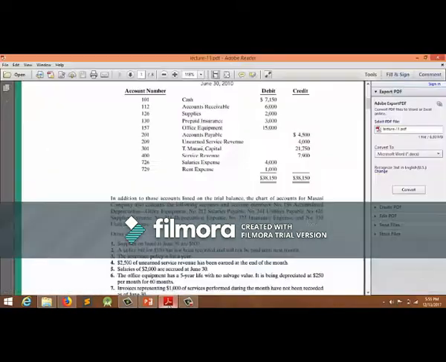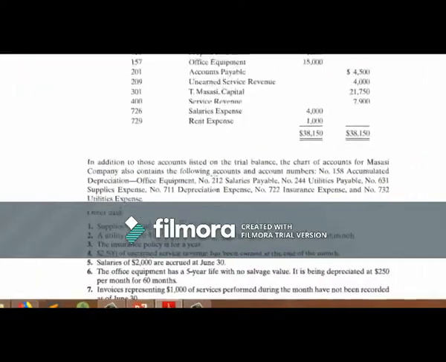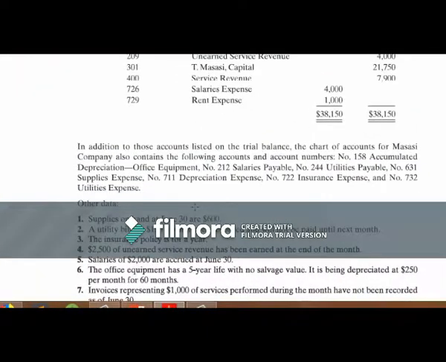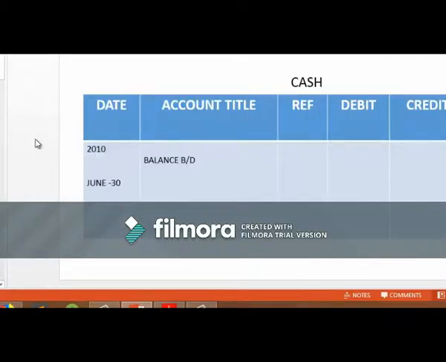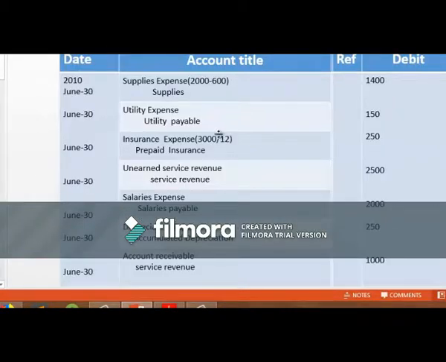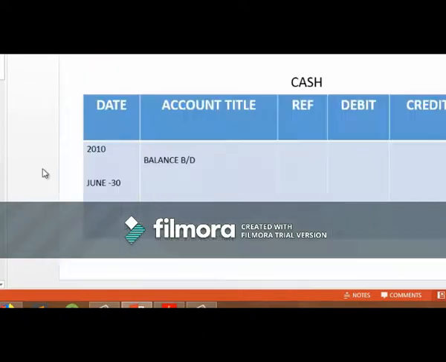We can see the next one was accounts receivable. Accounts receivable was 6000 taka, but is there any accounts receivable in the adjusted part? Let's see. Yes, there is an accounts receivable in the adjusted part also, which is 1000 in the debit part. So we will write balance BD, which we get from the unadjusted trial balance.